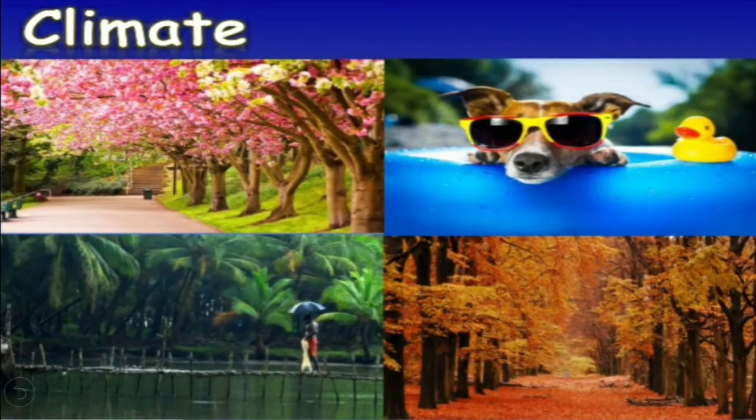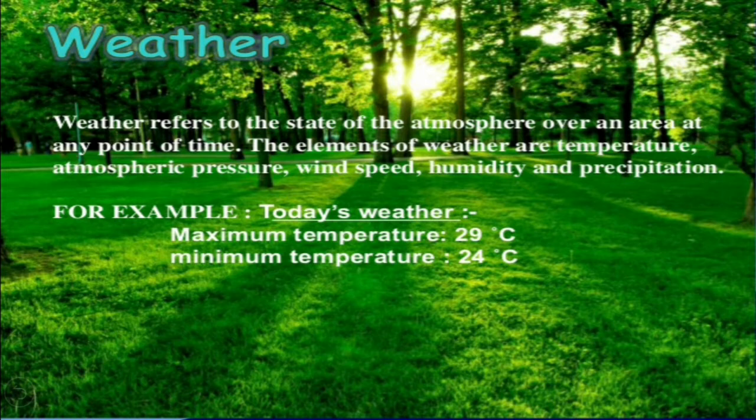So children, we were talking about the different types of climate. Let's make it more clear with the help of these slides. As you can see in this picture, the slides are related to the different climatic conditions. Now, let's differentiate between weather and climate.